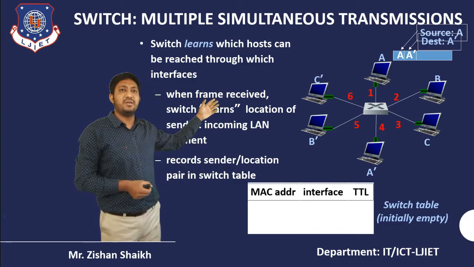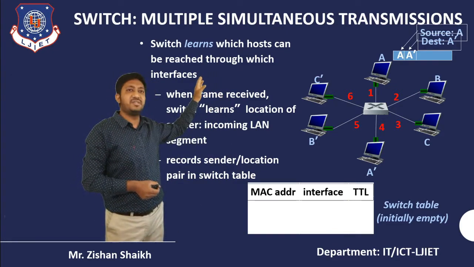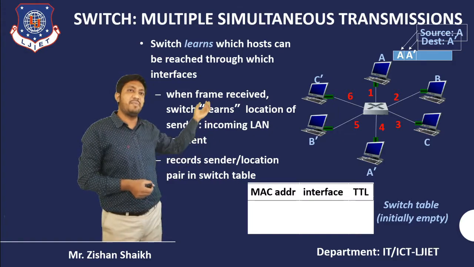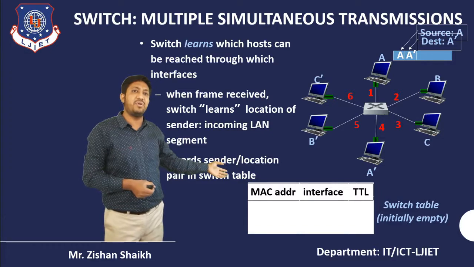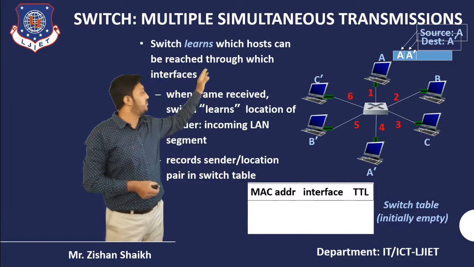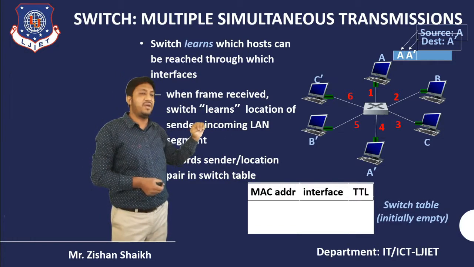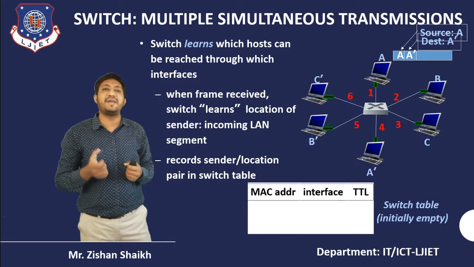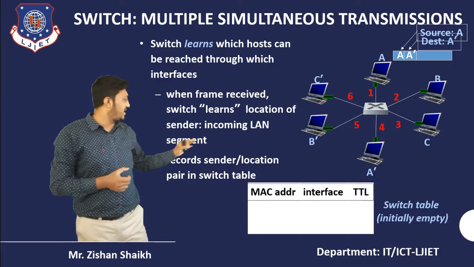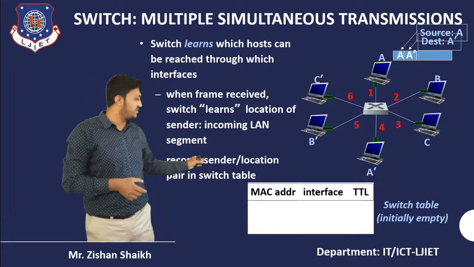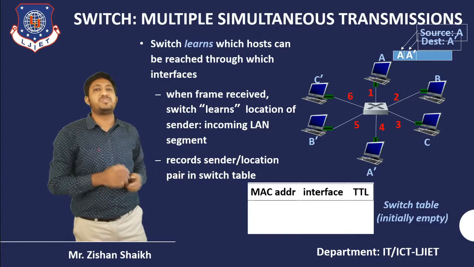For example, our source is A and the destination is A dash, and the request is coming from host A. So first the MAC address of A is stored here. Which interface will be used? The interface is 1 here. Time to live is about how long the entry is maintained. For that time period, the data will be kept here, and after that it will be erased from our switching table.